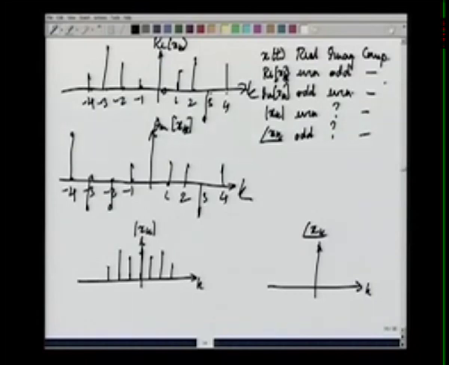Symmetrical, as you can see, conjugate symmetric or simply even. Now, the phase on the other hand would be like this. This is how the phase would be.